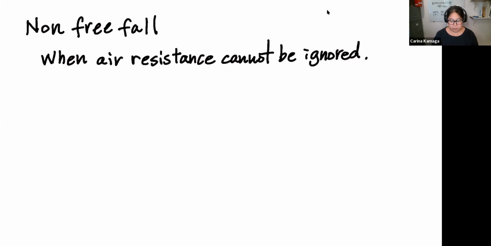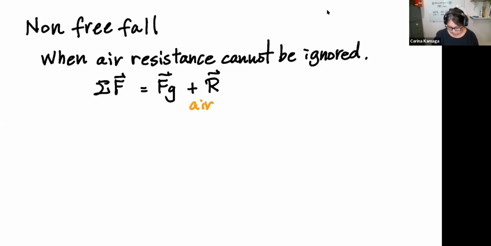So the net force in such a case: you still have a gravitational force, and there is air resistance, the air drag force. You can also say air drag force.